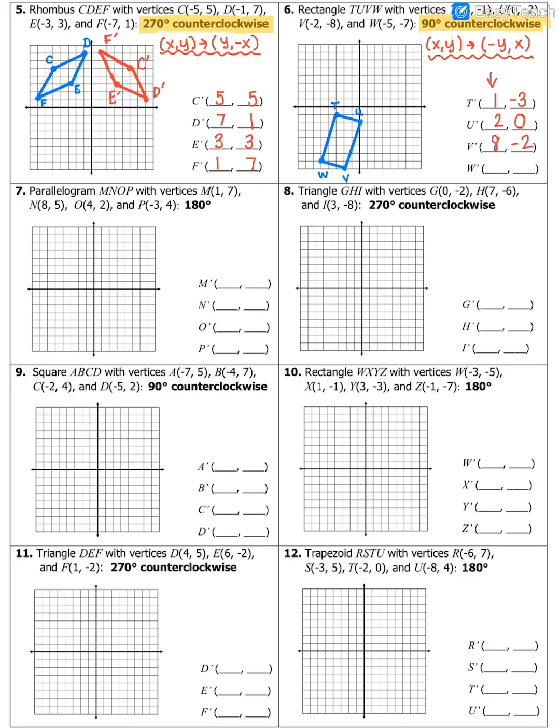And then W prime, I'm going to flip-flop -5 and -7, so it becomes -7, -5. And again, the first number has to change its sign, so it's going to become positive. And then we're going to graph it. Alright, so that is what our finished picture will look like.